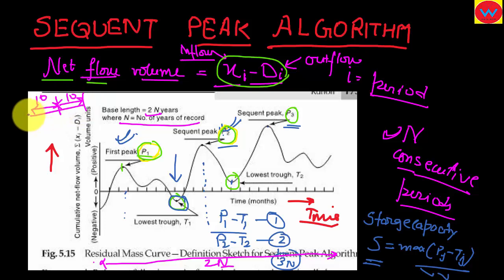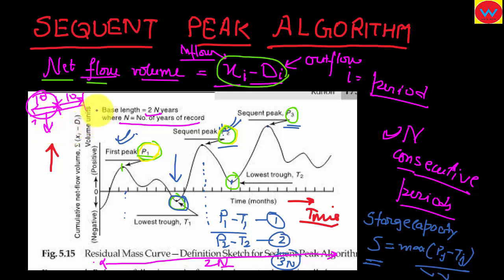So it is to be noted that in historical data this leads to an implicit assumption that future flows will not contain a more severe drought than what has already been included in the data. That means if you have calculated the reservoir storage for a base period of 10 years, then there will not be a more severe drought than what has been included in the data.